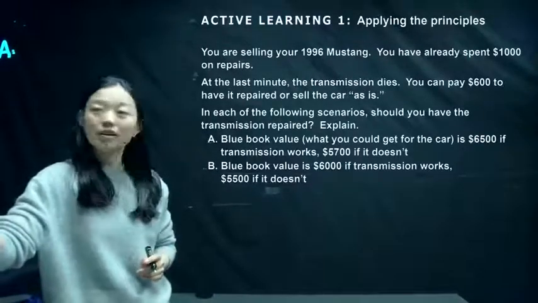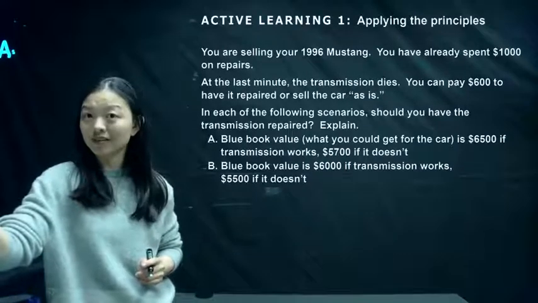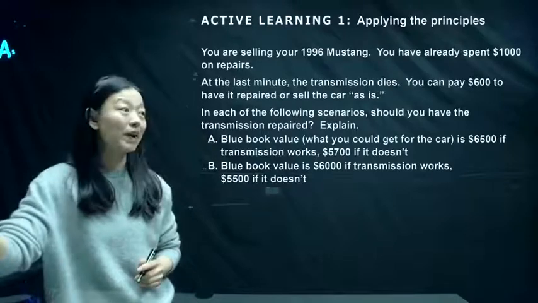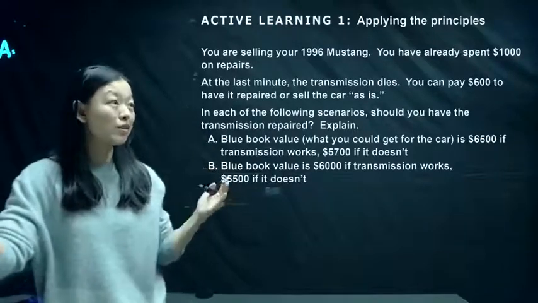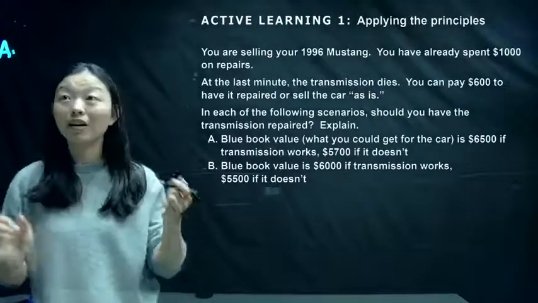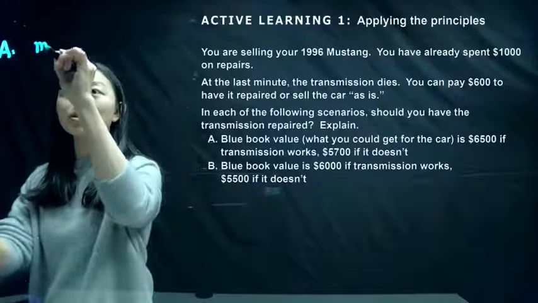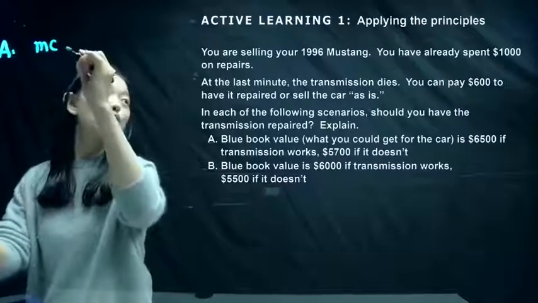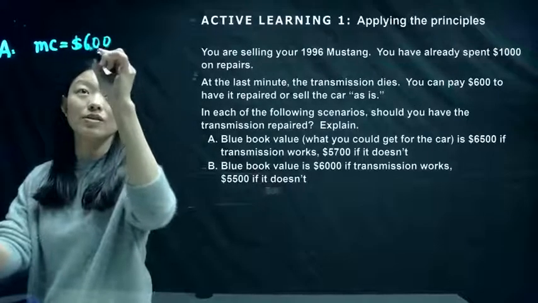Can you first tell me, if you decided to repair this transmission, what's the additional money you need to pay? According to this question, if you want to repair the transmission, the additional money that you need to pay will be $600, right? So we will say the marginal cost to repair the transmission is $600.